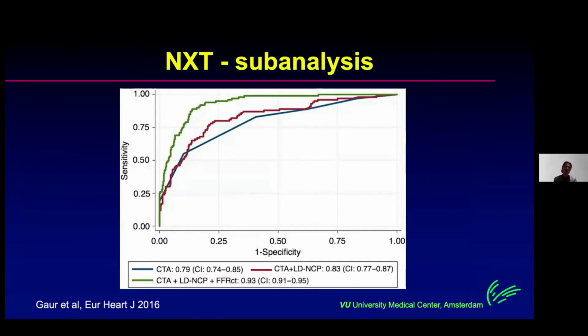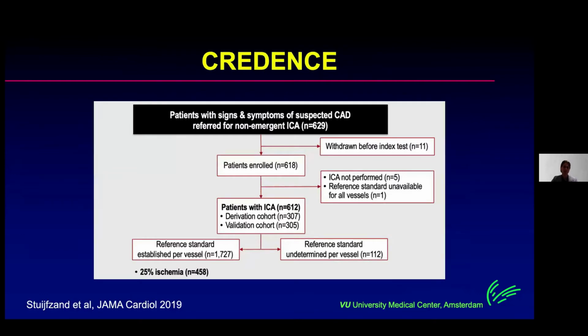So we have now all this information. CT alone, if it's negative, it's negative. But if it's positive, look at the CT scan. What are the plaque features? What is the FFRCT? Should I refer this patient to the cath lab? Should I do intervention? These are all very important questions that we need to address.